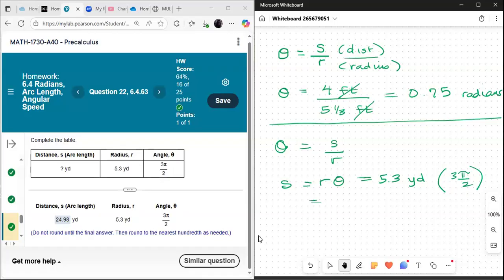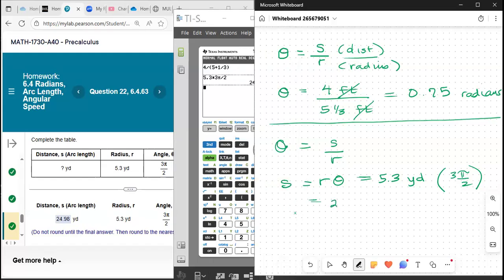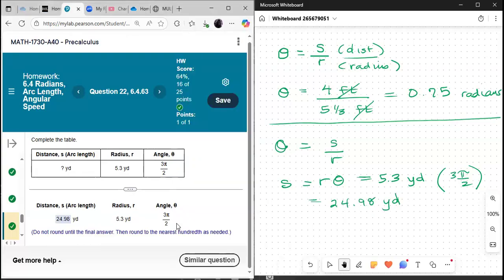So 5.3 times 3 pi divided by 2 is 24.98 yards. And that's what our distance is.